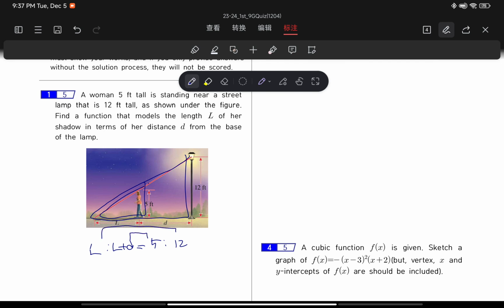Always, the product of the two inner terms is equal to the product of the outer terms. So 5L plus 5D is equal to 12L. So 7L equals 5D, where L equals 5 over 7D.